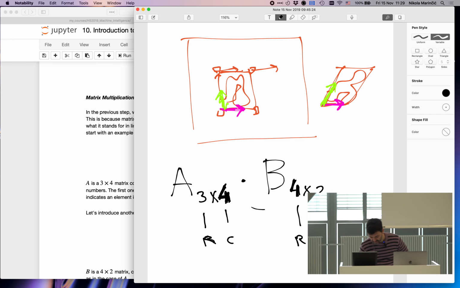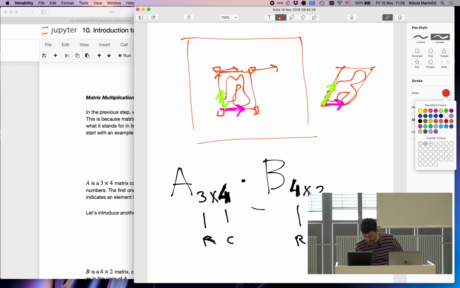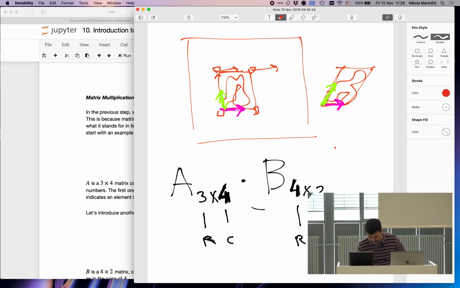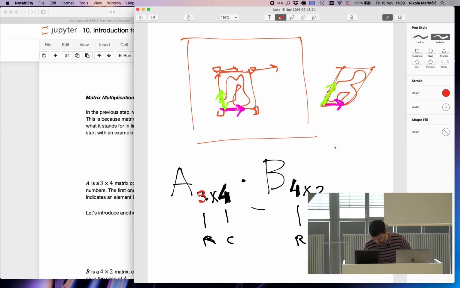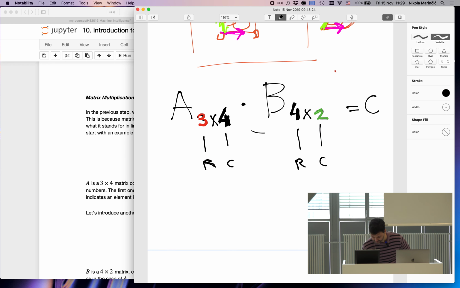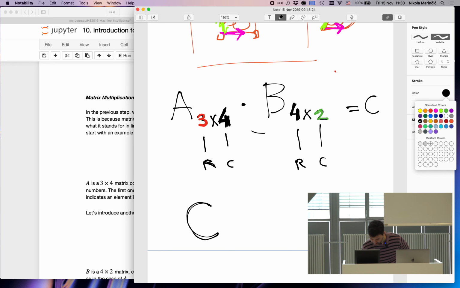But now let's examine further A times B. If this is working like it is now, then the new matrix will have the number of rows of A and the number of columns of B. Which means, let's say that this is equal to C, then C will be of the size 3 times 2.